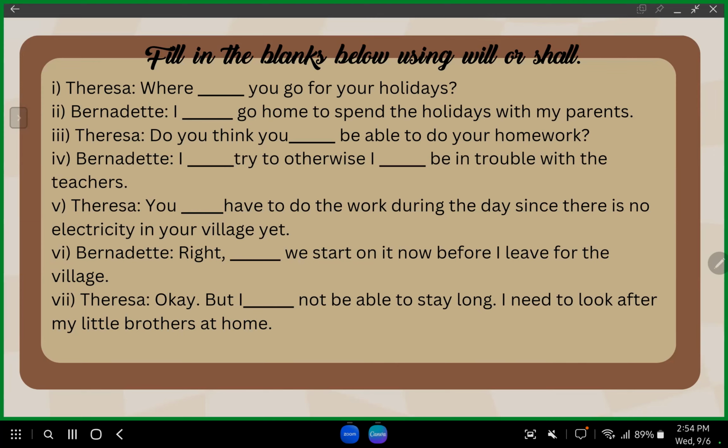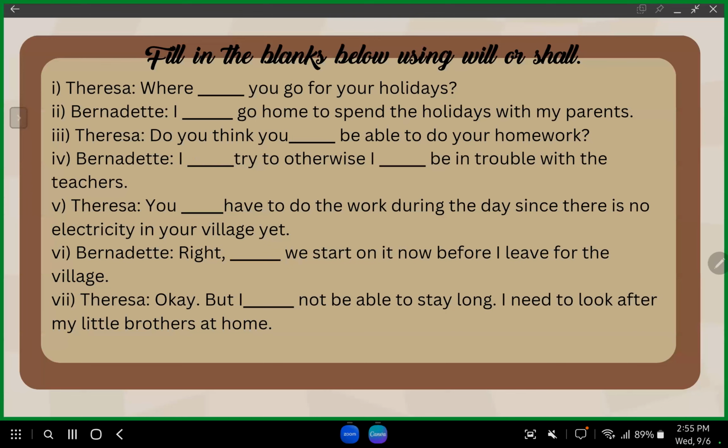That's why you have to say I shall. So the correct response here, just for here, would be I shall try to. Otherwise, I shall be in trouble with the teachers. It doesn't matter whether it's at the beginning or not. The point is that it's going to stay shall.